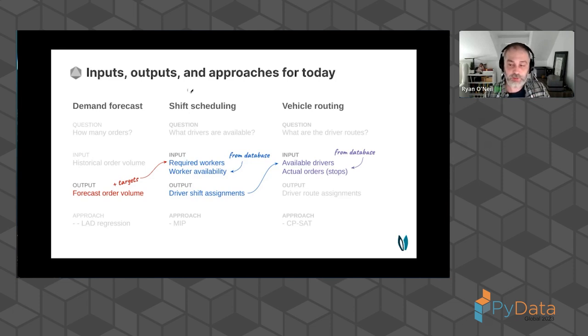Then, given the amount of demand, available drivers, and my economic targets, which is essentially orders per driver or orders per driver hour, how can I optimally schedule to be right where I want to be? I don't want too many drivers because that's expensive, and I don't want too few because that gives bad service. So that's what we do with scheduling.